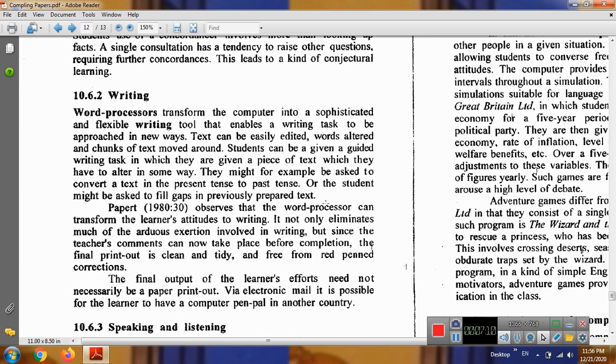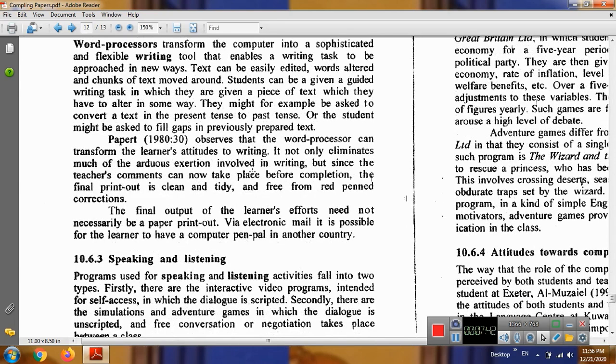Papert in 1980 observes that the word processor can transform the learner's attitudes to writing. It not only eliminates much of the arduous exertion involved in writing, but since the teacher's comments can now take place before completion, the final printout is clean and tidy and free from red-penned corrections.